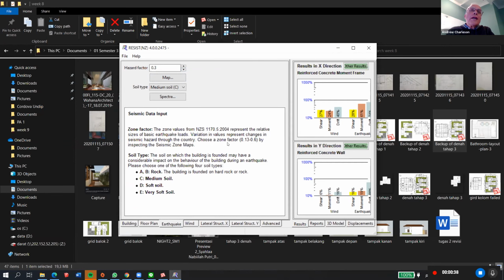So look, congratulations. That's a lovely little design you've done. And you could print out your structural report and show it to your tutor as proof that your design is safe. Wonderful. Thank you, Mr. Andrew. Well done, Shahla. Thank you, Shahla.